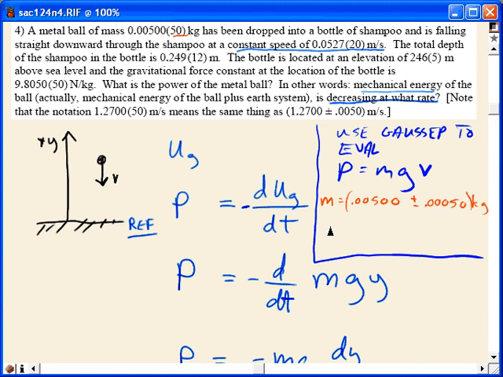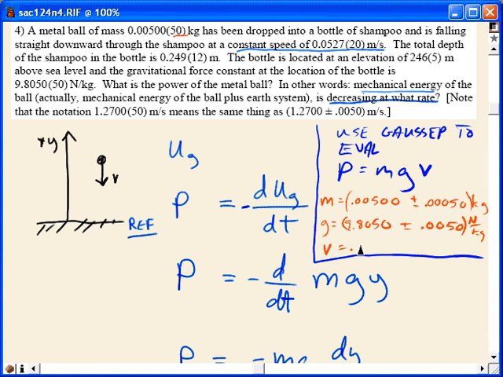And what else we got? g, 9.8050, and then these two would be the uncertain digits, so 2 zeros in front of that, plus or minus 0.0050. That'd be newtons per kilogram.